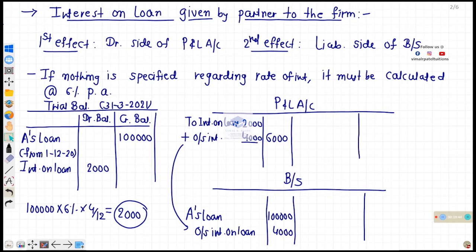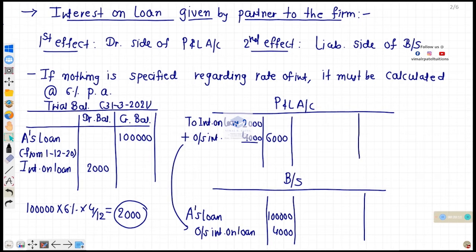Then 60% of the amount will be given by the insurance company because they have admitted the claim. So 6,000 insurance claim on the asset side. So your loss is 4,000, because out of goods worth rupees 10,000 lost by fire, 6,000 will be reimbursed by the insurance company. So 4,000 will be debited to P&L account.